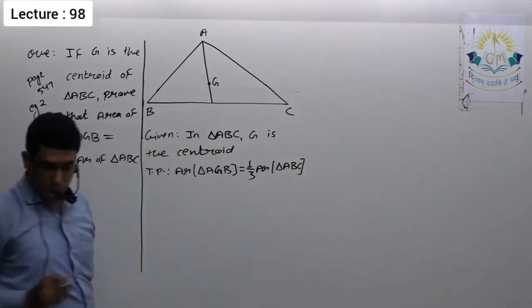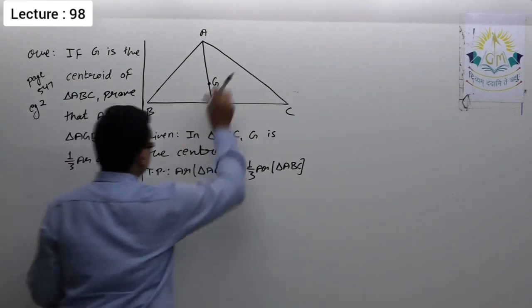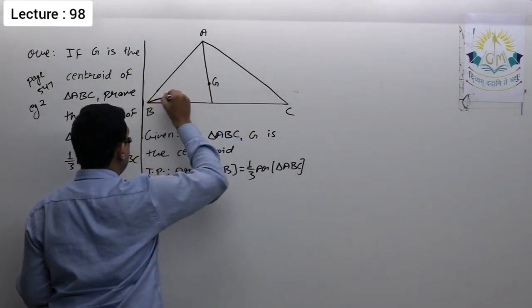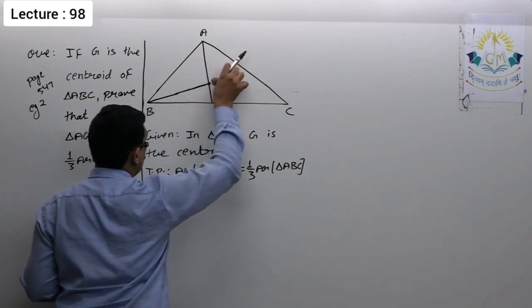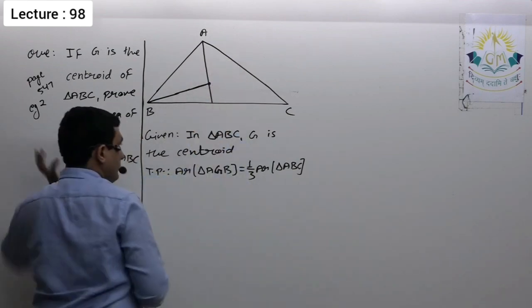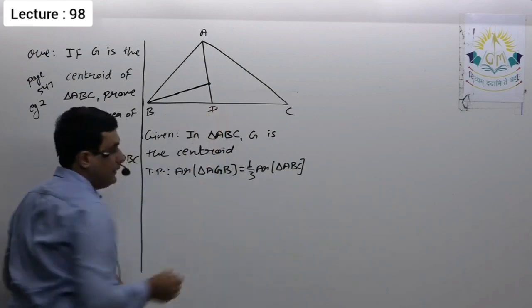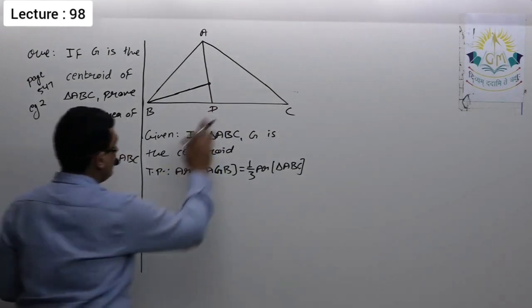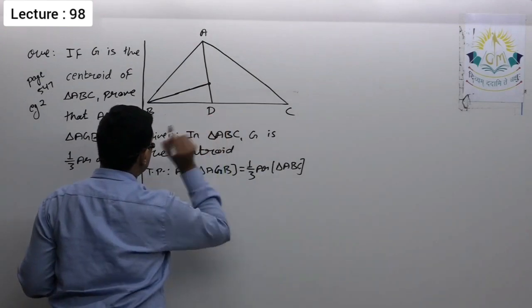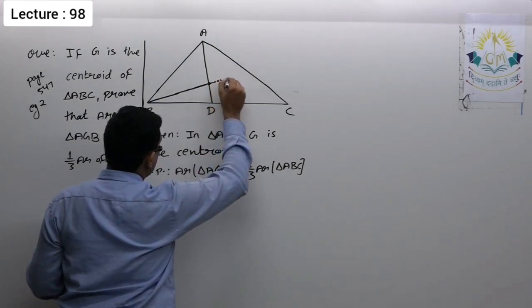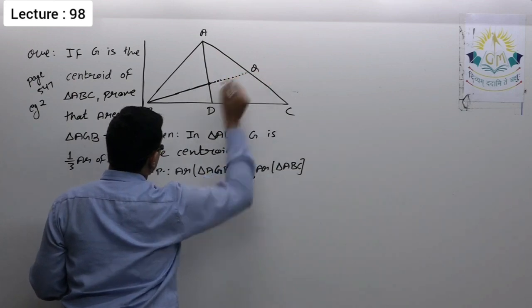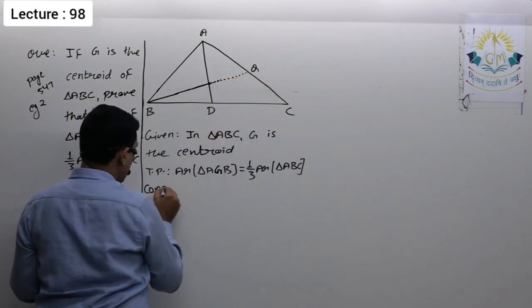So in the diagram, the triangle BAG is there. Let this point be D. It is given this point is D. First of all I will produce it to meet here at Q. So a small construction is required.